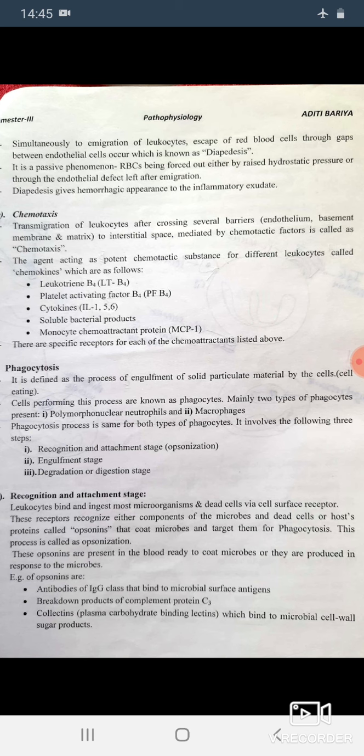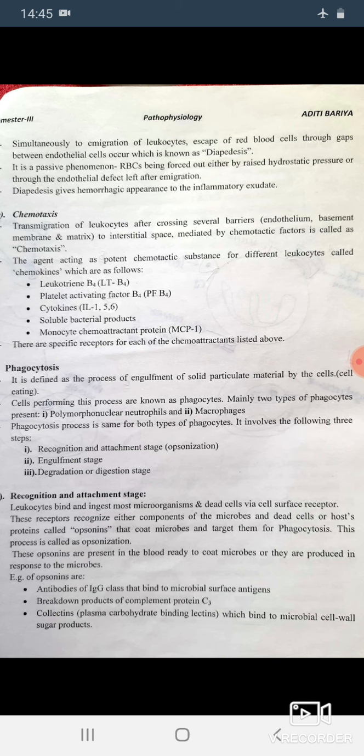If RBCs escape along with WBCs, that process is called diapedesis. So if only WBCs escape, it is immigration. If WBCs and RBCs both escape into the interstitial tissue, it is called diapedesis, right?